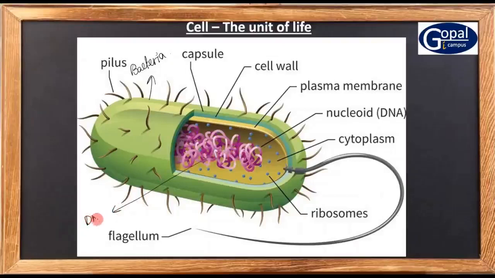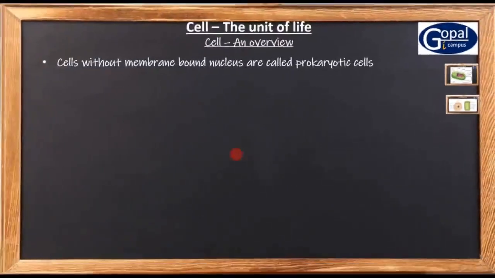This DNA is present in the cytoplasm itself. It is not present inside the nucleus. So here the nucleus is absent. That is why these cells are called prokaryotic cells.